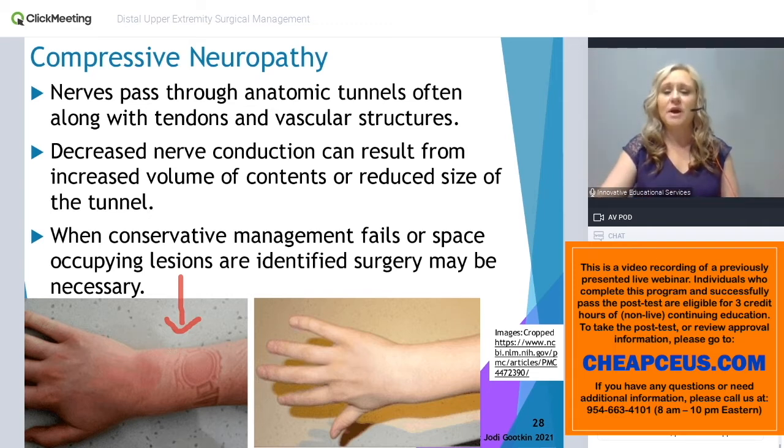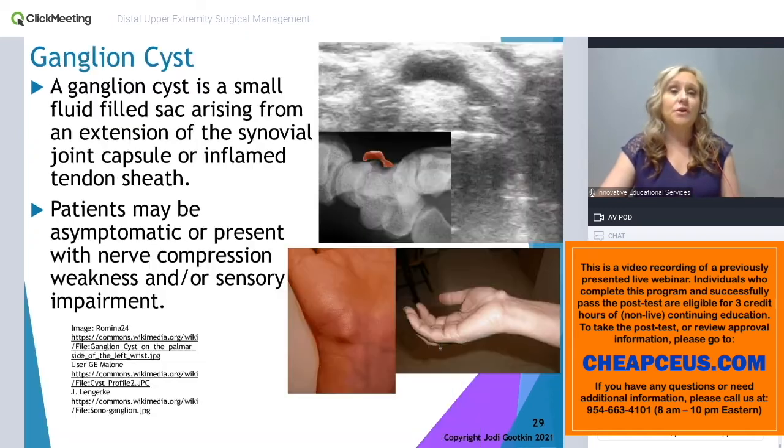Other compressive neuropathies that we're more likely to see may involve surgery when conservative management has not been successful in alleviating the compression on the nerve. One example might be someone who has a ganglion cyst. These are common in the hand. On the bottom image here, we see them on the palmar surface. Ganglion cysts seem to come and go.